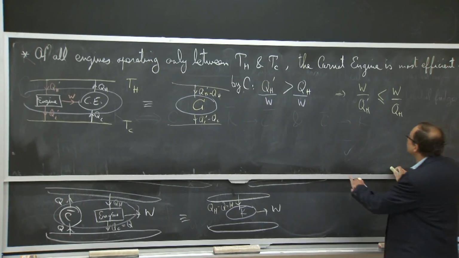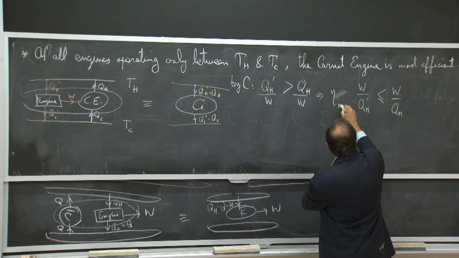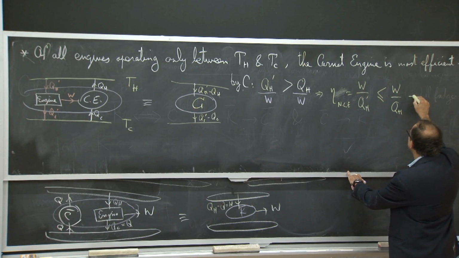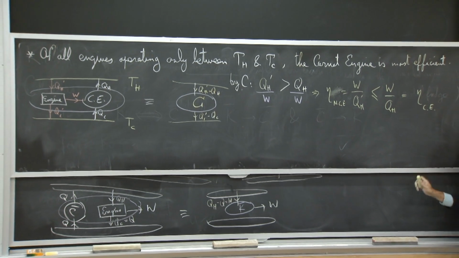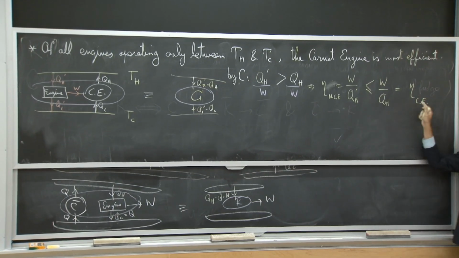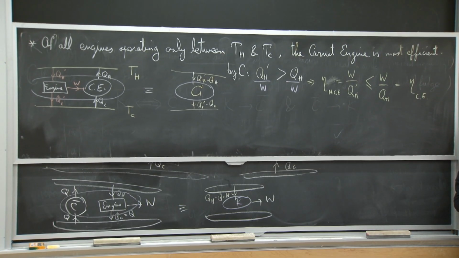And the left-hand side is the efficiency of my non-Carnot engine. And the right-hand side is the efficiency of my Carnot engine. And what I've shown is that the efficiency of the non-Carnot engine has to be less than or equal to the efficiency of the Carnot engine. Okay?